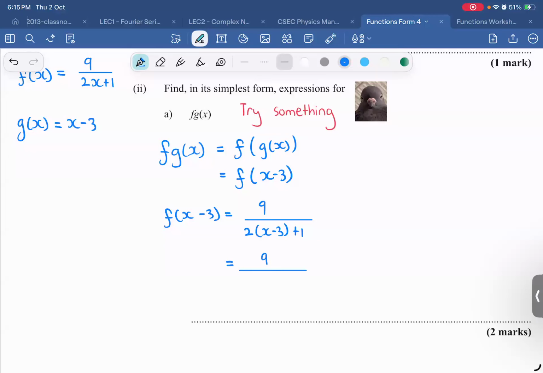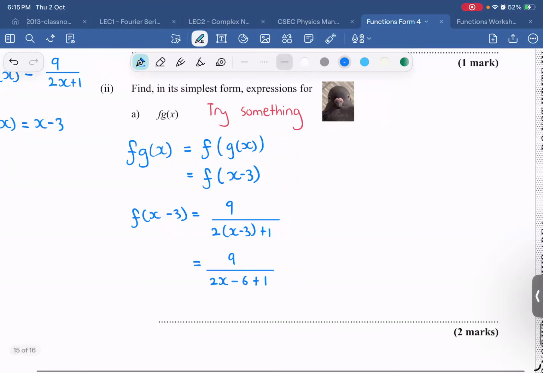So I'm going to put 9 all over, and in the denominator, if I'm multiplying everything on the inside by 2, I'm going to end up with 2 times x is 2x, 2 times minus 3 is minus 6, plus 1. Understand? Are you with me? All right. And so notice in the denominator, you have 2x minus 6 plus 1. I'm going to write back the 2x.